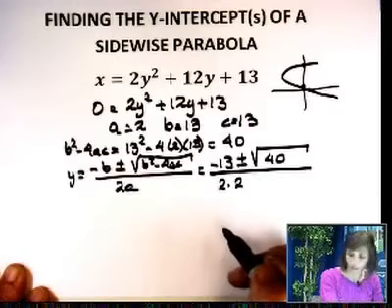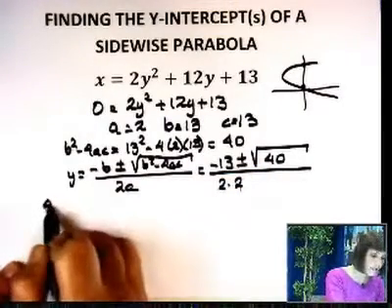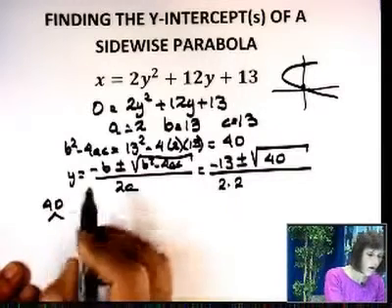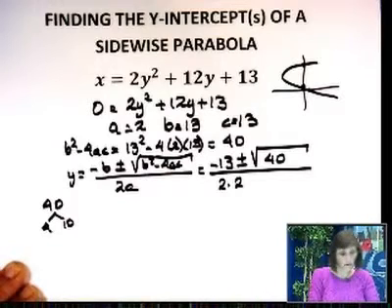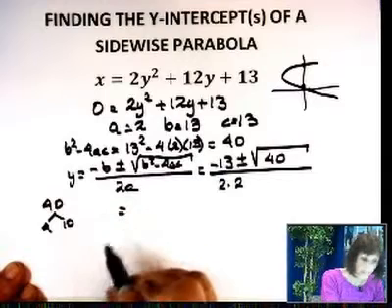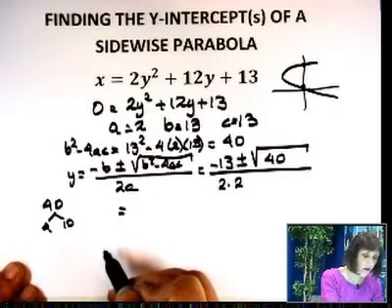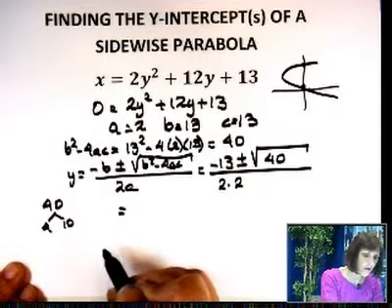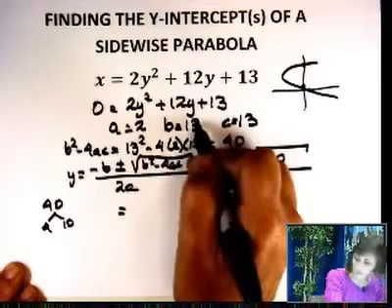All right, now let's look at this. What is the 40? 40 is 4 times 10. 10, you cannot do anything about it. So let's write this. You have negative, oh my goodness, I just made a mistake in here.